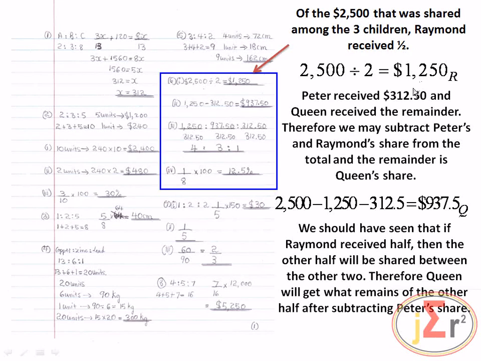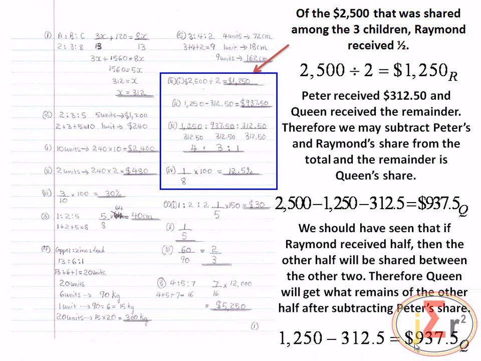Of course, the other half must be the same as the first half. So the other half, which is the same as 1,250, must be shared between the other two. Therefore, we will take that 1,250 and subtract $312.50. So the subtraction should have been from the half rather than from the whole.